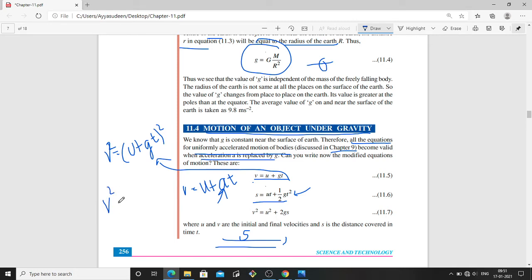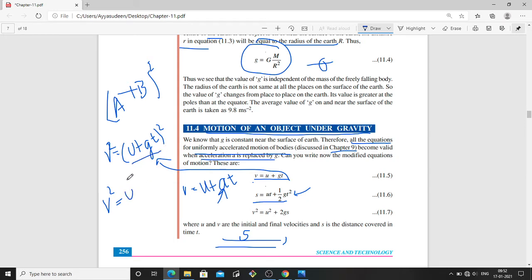v square is equal to, there is a formula for this, (a plus b) whole square. This formula you must have studied in your previous classes. (a plus b) whole square is equal to a square plus b square plus 2ab. We are going to apply this formula here.